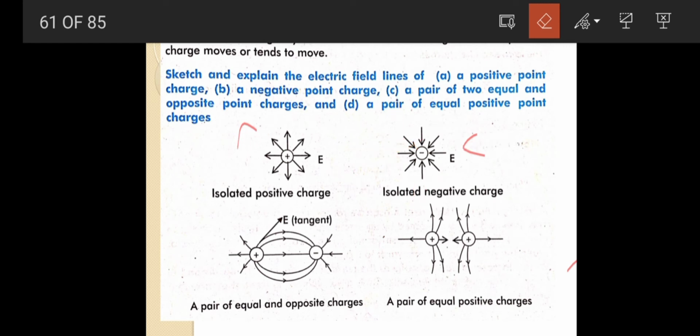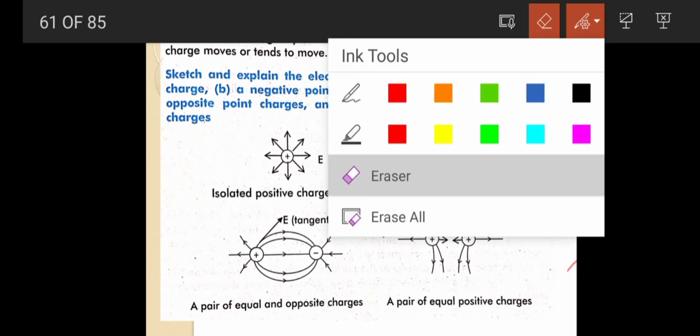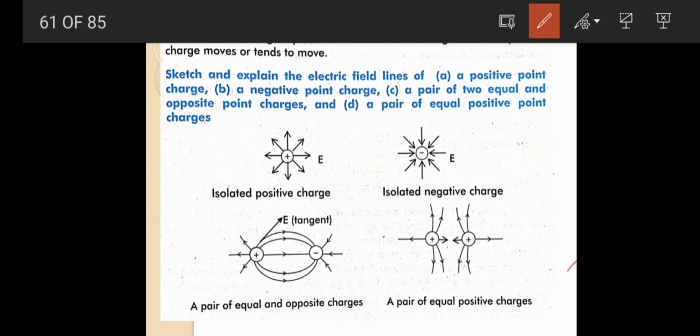And in the third case, a pair of equal and opposite charges, which means we have one positive charge beside another negative charge. In this case, how will we use electric field lines to represent the electric field?